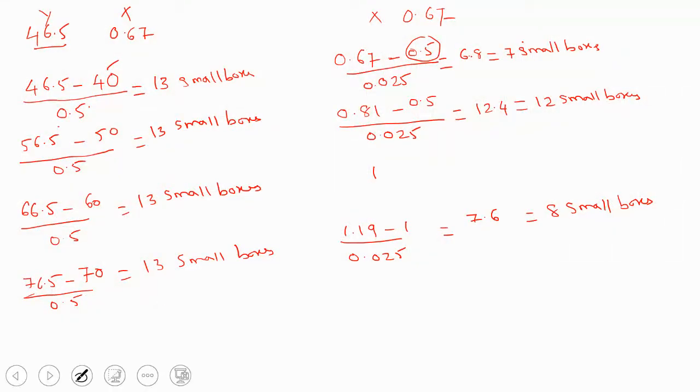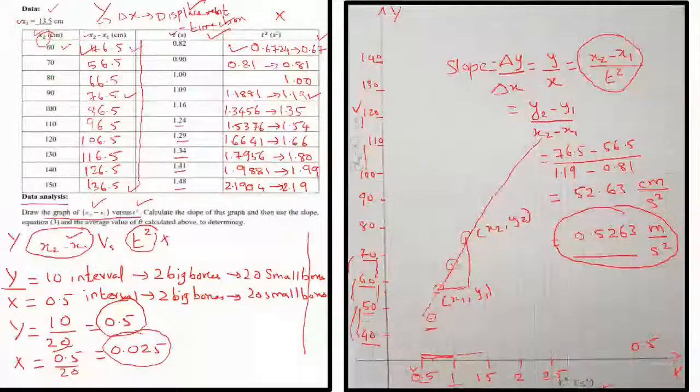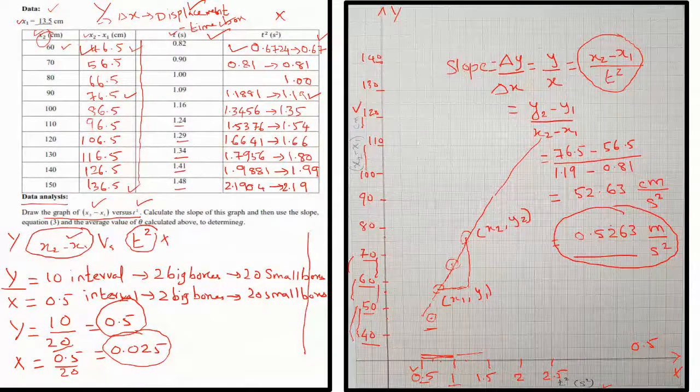Understand? Yes. Clear? Clear. But the most important thing, while you draw the graph, follow the regular interval. If you look at the graph, I maintain the same interval for the x-axis and the same interval for the y-axis. What is my y-axis interval? My y-axis interval is 10. You can see the difference between each 2 numbers gives you the same value.